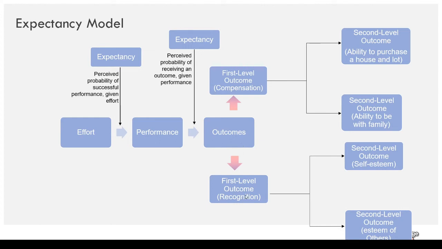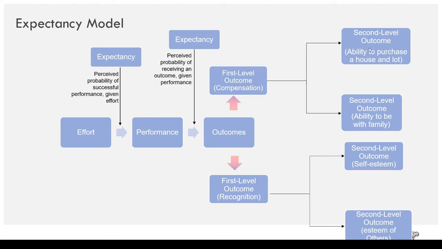So let us first tackle compensation. When the first level outcome is compensation, it is expected that there are valences within it. And the valences within it can be positive, going upward, or negative, going downward. When the valence is positive, lies the second level outcome.